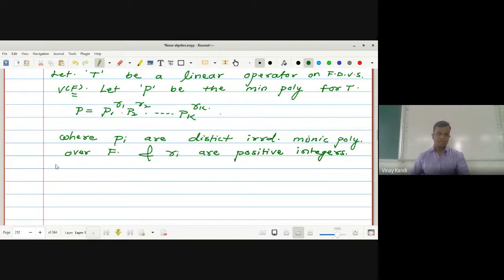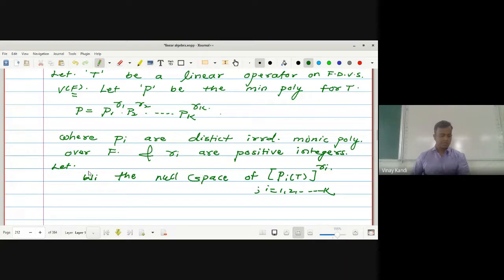Okay, and let this Wi be the null space of Pi of T bracket raised to Ri, for i running from 1, 2 up to so on K. Okay, what is null space again?